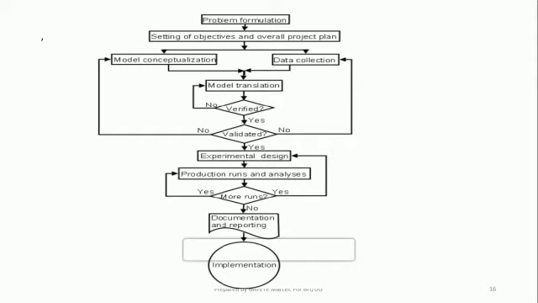You formulate the problem. After formulating the problem, you have to know what problem you have, for which you have to find the solution. After that, you are going to set the objectives. What are the objectives of my study? After setting the objectives, you are going to provide the overall plan you will follow during your study. After that, you are going to do what is called model conceptualization.